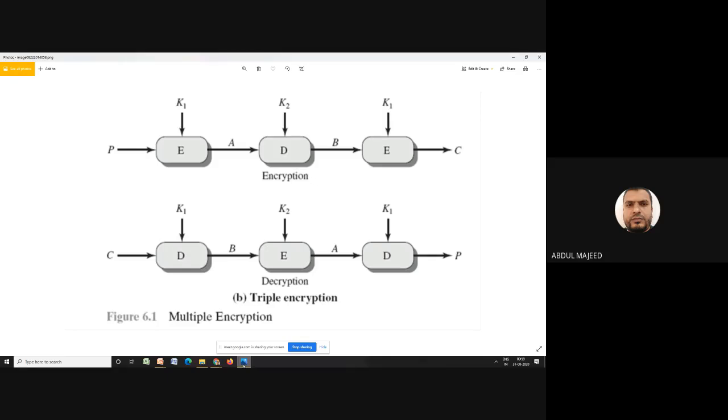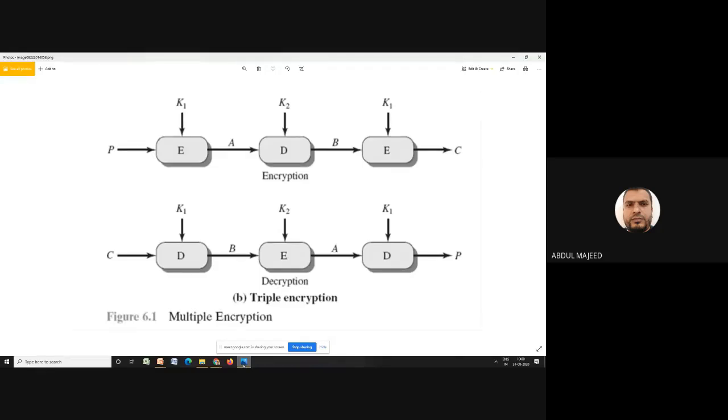Then it produces the final ciphertext C3, which you can use for transmission. In this way we can do secure electronic transactions. Triple DES is very much accepted in financial transactions and by banking people.